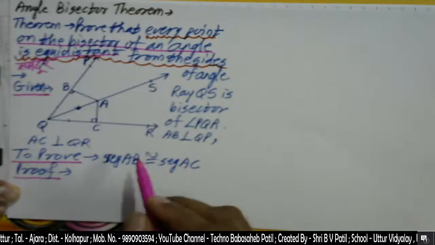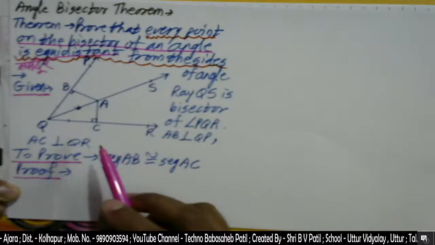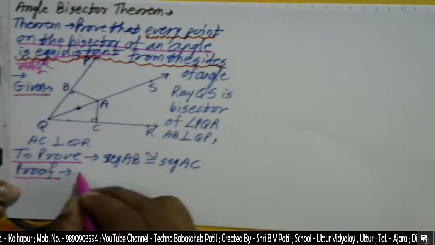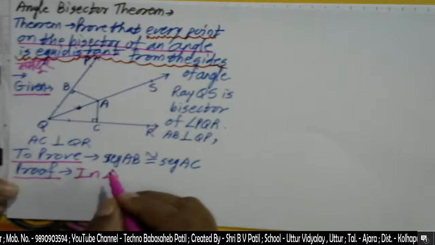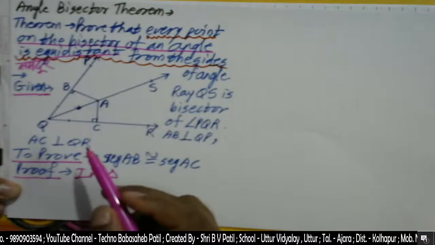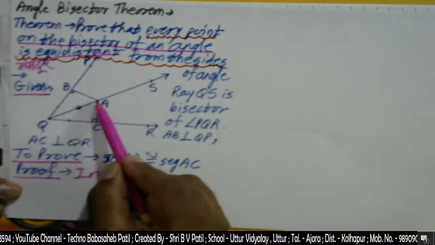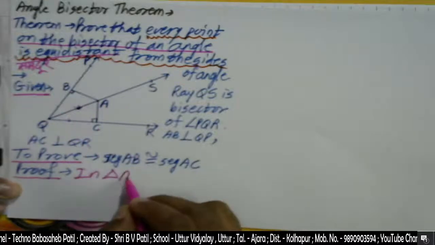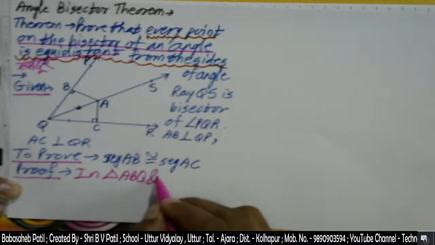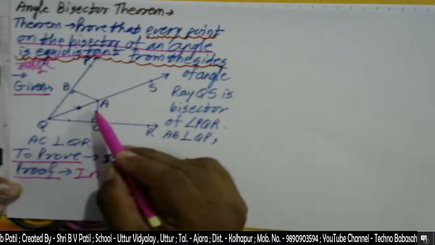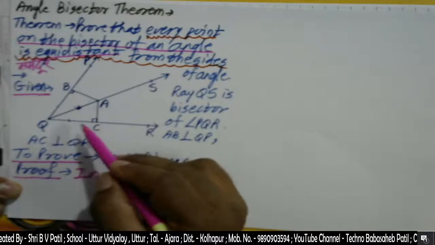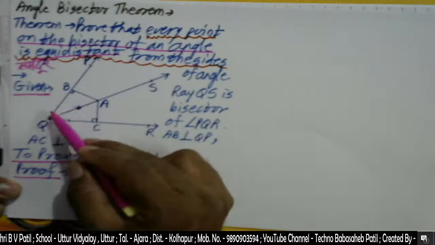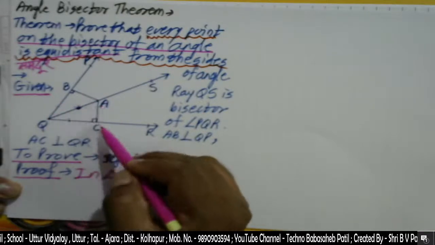If two triangles are congruent. Which triangles we show congruent? In triangle ABQ and another triangle named ACQ. हा ABQ कडून आपण गेलेलो आहे. Here ACQ.